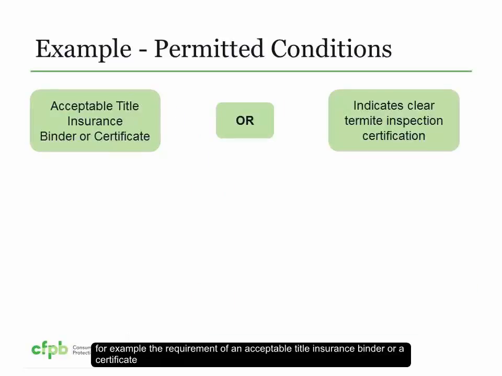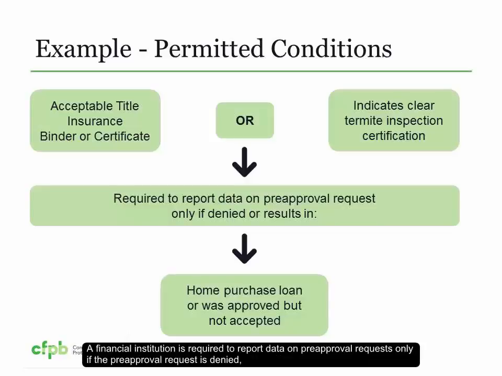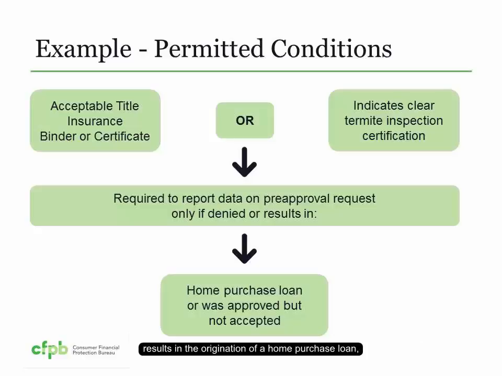For example, the requirement of an acceptable title insurance binder or a certificate indicating a cleared termite inspection. A financial institution is required to report data on pre-approval requests only if the pre-approval request is denied, results in the origination of a home purchase loan, or was approved but not accepted.